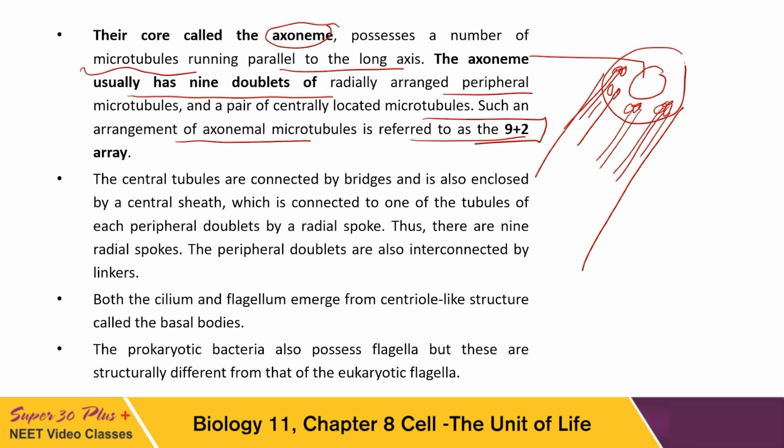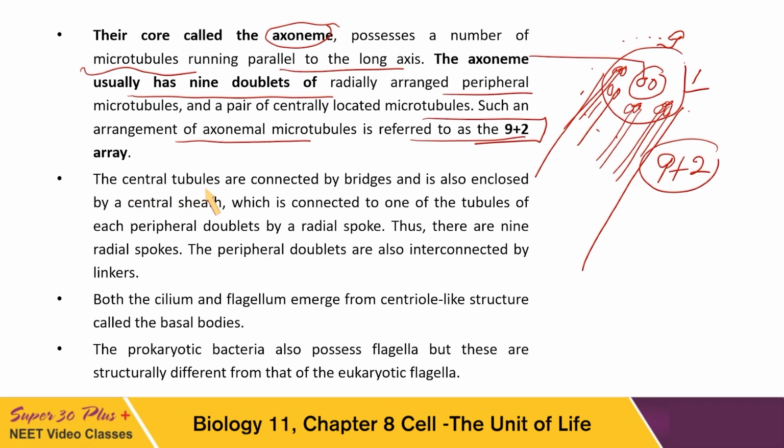Very, very important: here we have 2 at the center, and 9 at the periphery, starting from 1, 2, 3, 4, 5, 6, 7, 8, and that one will be 9. So such an arrangement is known as the 9+2 arrangement. Remember, this is the plasma membrane, and we have the 9+2 arrangement.